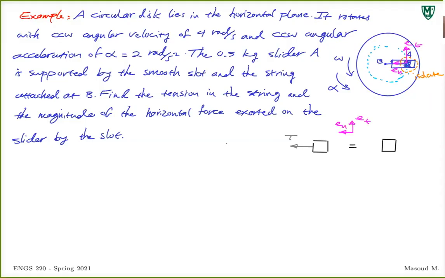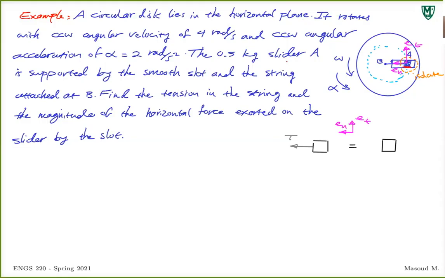Since it's rotating, slider A is in contact with the slot there at the bottom, right? Or at this part. Here is what I'm trying to say. This is the contact point right here. If it was rotating the other way, the contact point would be at the top.